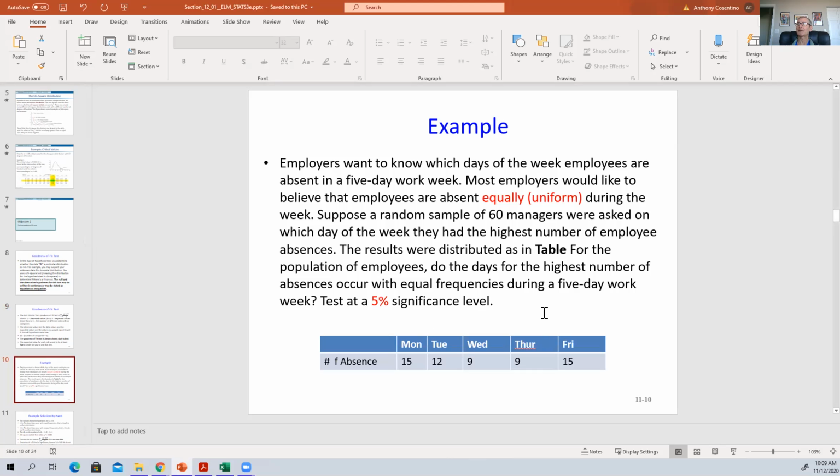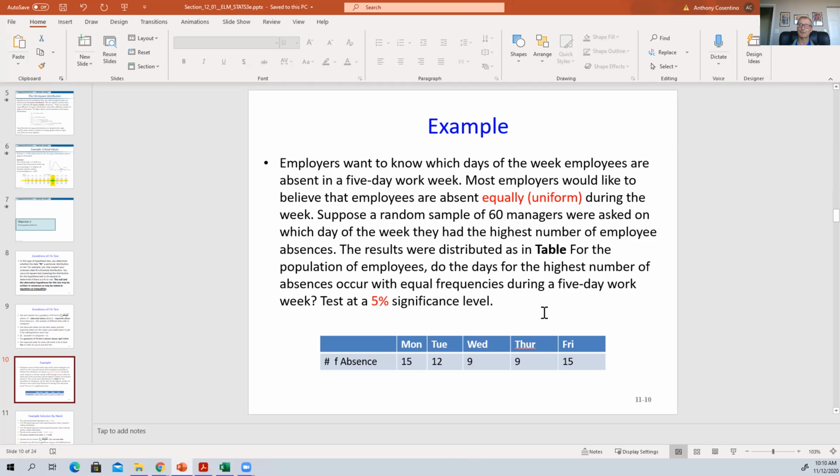Suppose that a random sample of 60 managers were asked which day of the week they had the highest number of employee absences, and the results were distributed in this table.